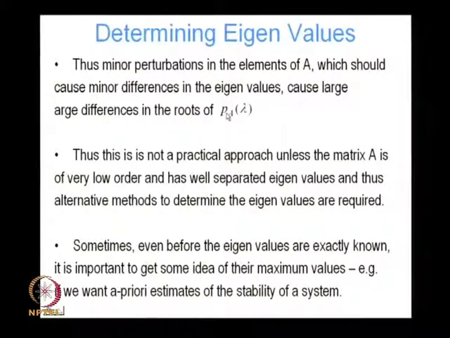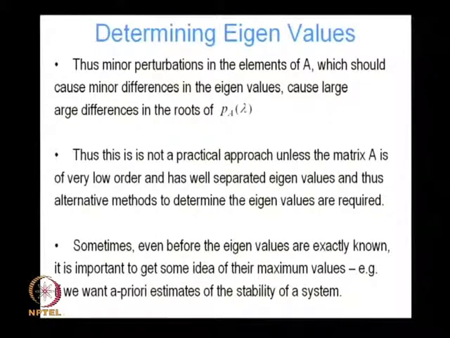Thus, this is not a practical approach unless the matrix A is of very low order and has well separated eigenvalues. If A is of low order and has well separated eigenvalues, then this is fine. However, otherwise we need to think of alternative methods for determining the eigenvalues.